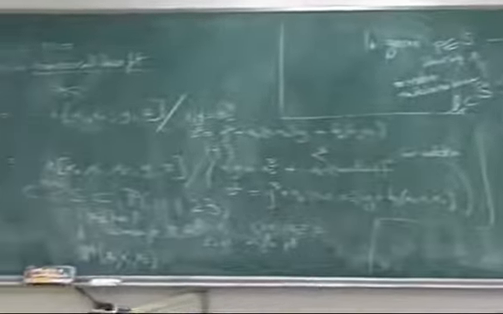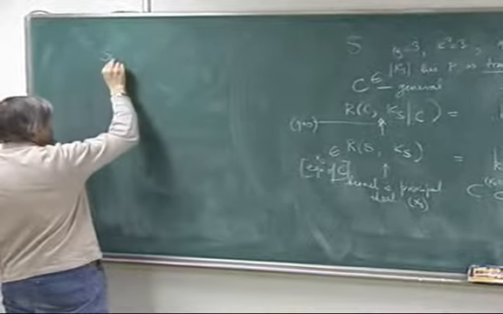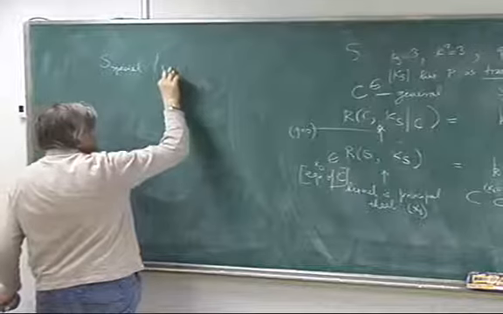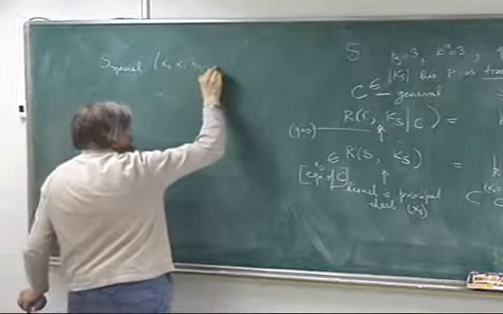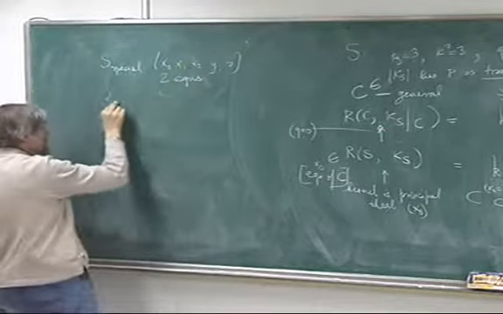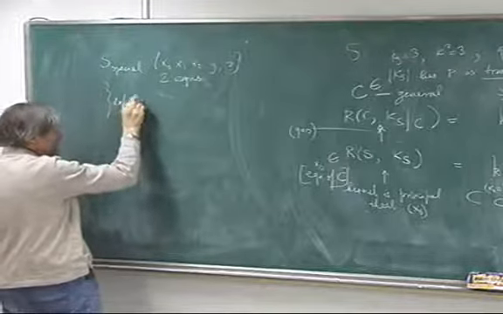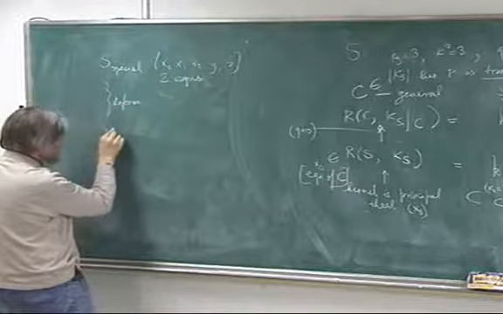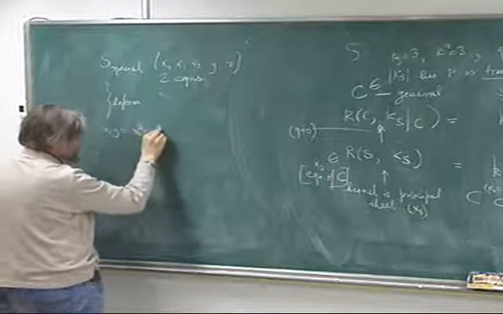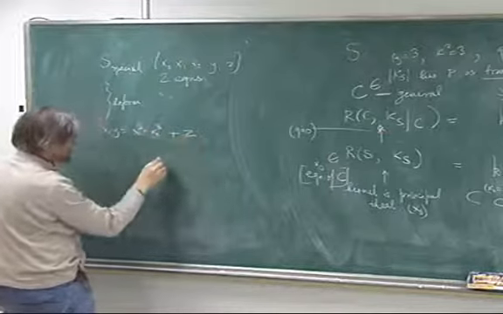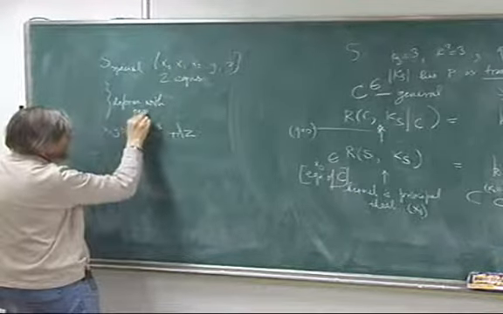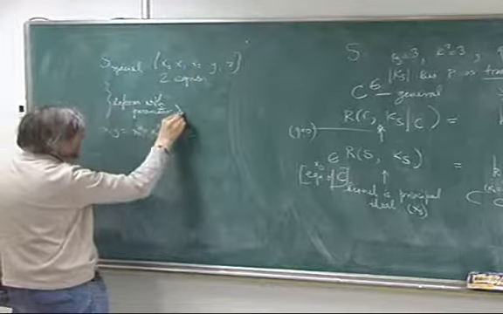in this case, I've got S special, which is given by x0, x1, x2, y, and z, and two equations. And then I can deform this by the simple trick of saying x1 y equals this x0 cubed, whatever it is, plus lambda z, deforming with parameter lambda.